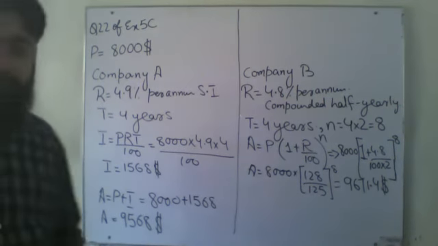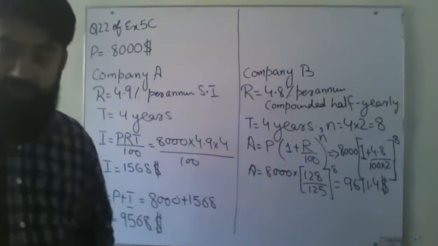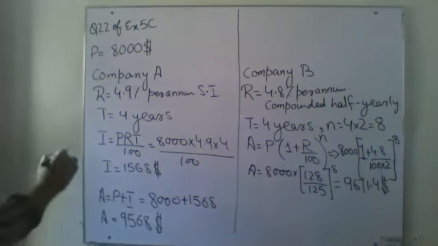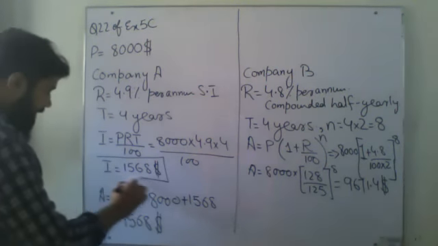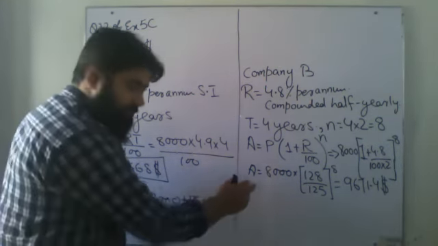Now in the second part of the question, they are saying find the difference between the interest which both companies are offering. For this company, I have already got my interest. I have to find the interest of this one.